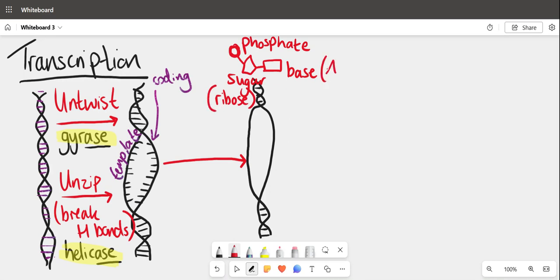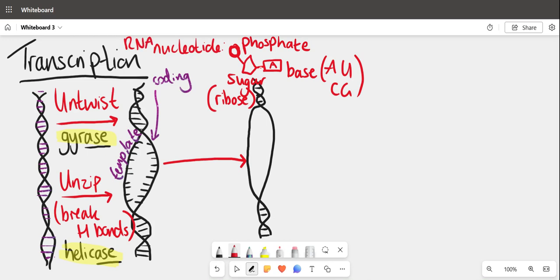And the bases can be A, U, C, or G. And you'll remember that in DNA it was A, T, C, and G. So this base here could be an A, or we could have a nucleotide where it was a U, or one where it's C, or one that was the G. So there's 4 different types. So this molecule is called a nucleotide. Okay, and specifically, this one is an RNA nucleotide.